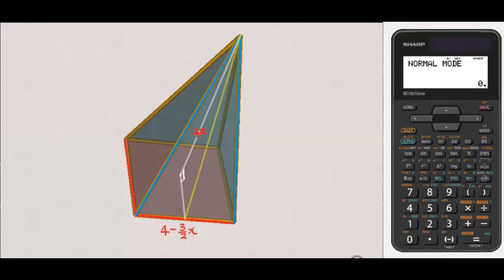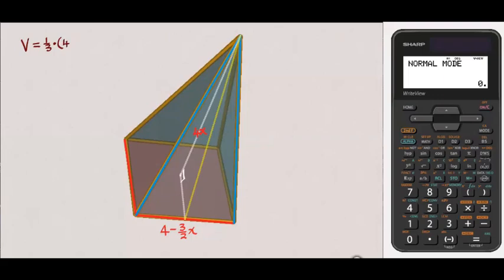There we go. All right, so normally when you're doing the volume of a prism, the volume is normally a third, and then you times by the area of the base. Area of the base. That means the area of a square.